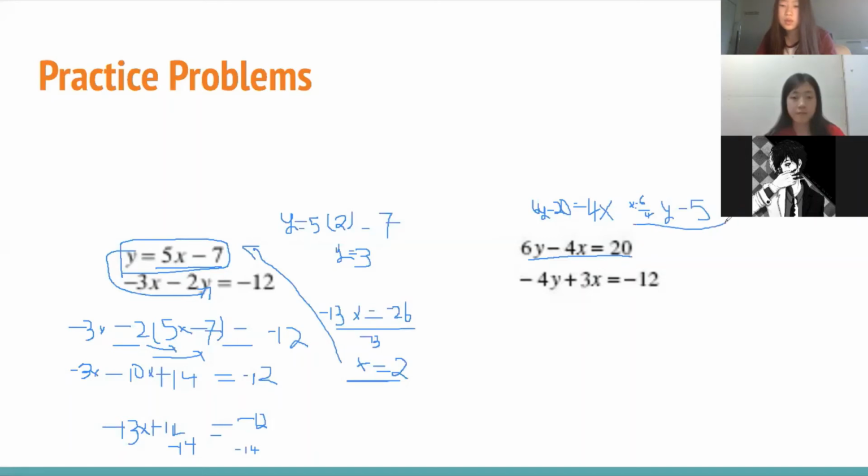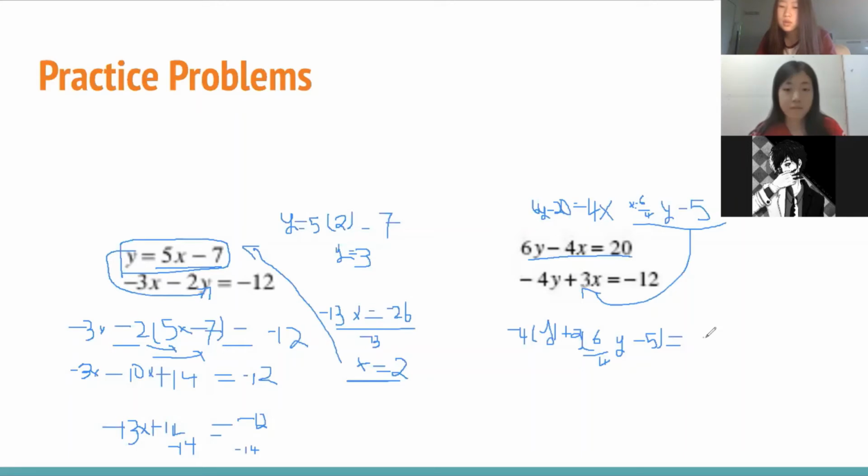I will plug this into the x here. So it will be negative 4y plus 3 times 6 over 4y minus 5. Sorry, my handwriting is so bad, but equals negative 12.